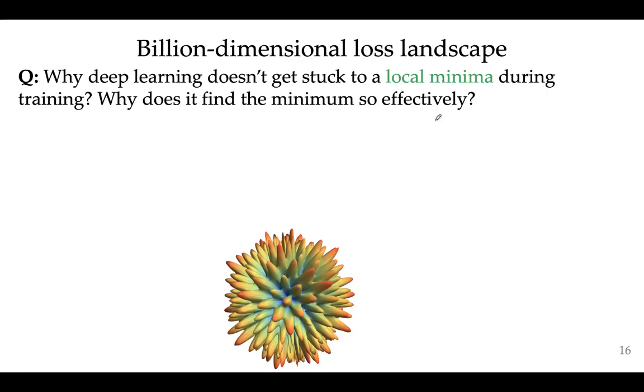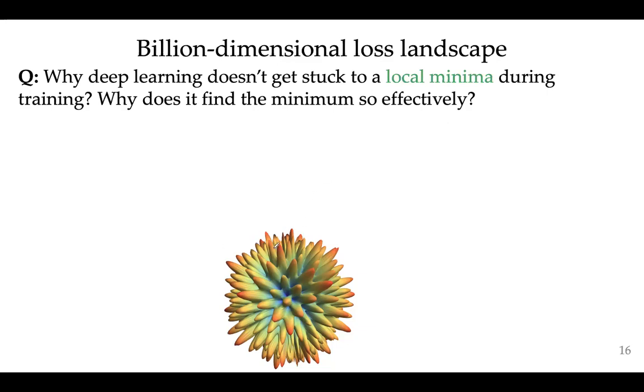Billions of parameters means there are so many minima, and they can be local minima. The question is, why is training so effective that it doesn't get stuck in local minima?